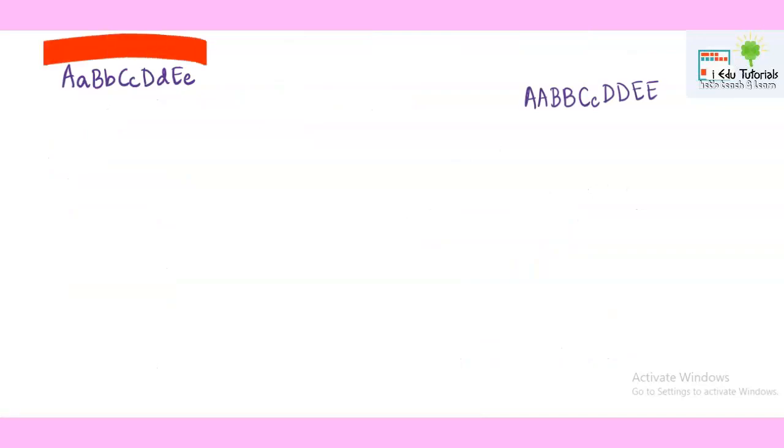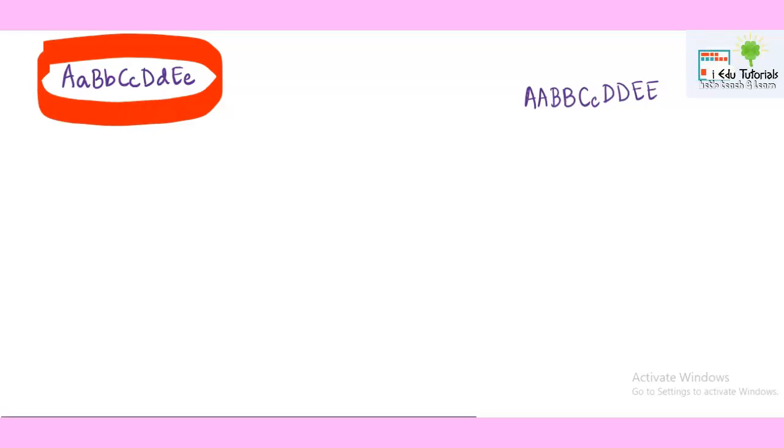Let's take one more example. This is the genotype in which you have to calculate the number of gametes. We have to simply find out how many heterozygous pairs are there. So this is 1 because one dominant and one recessive allele are together. 2, 3, 4, 5. All of them are heterozygous in nature, meaning they have a dominant and a recessive allele. So overall, how many heterozygous pairs do we have? 5.